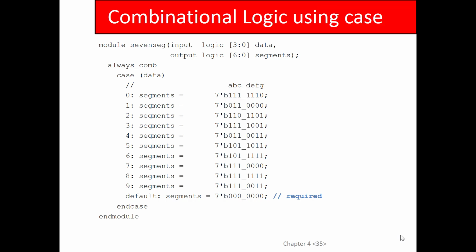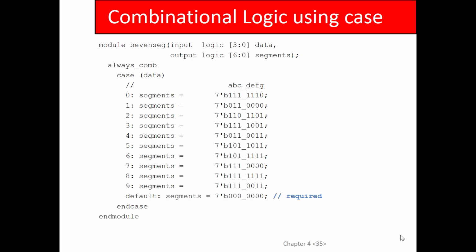Now, one thing the book authors actually screwed up. They broke a rule here. Notice that this 0 and this 1 and this 2 are constants, but as I said in the last lecture, whenever you have a constant, you should specify the width of the constant.